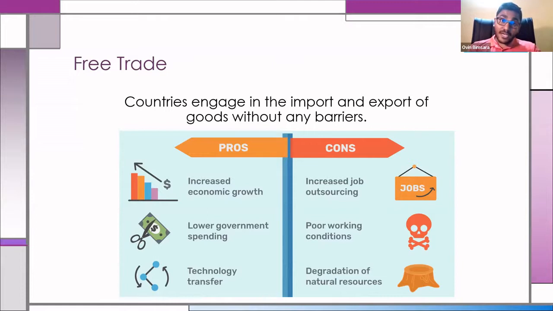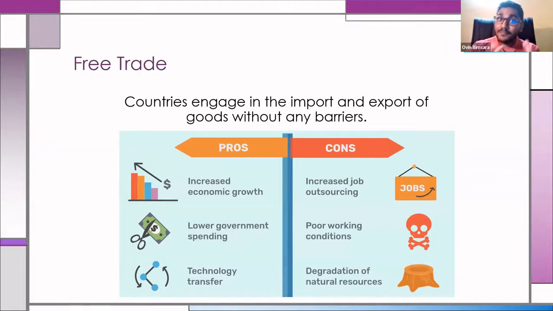So when free trade occurs, that means foreign trade is happening without any problem at all. The transactions between countries are occurring without any barrier, without any interference. You can freely import and export goods between different countries without a problem, because there are some problems.